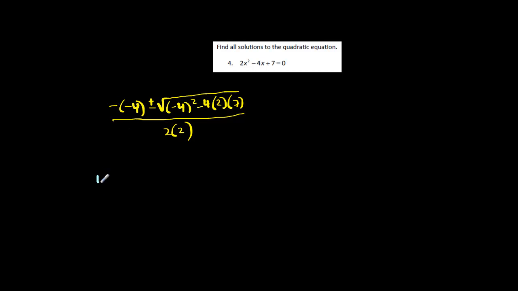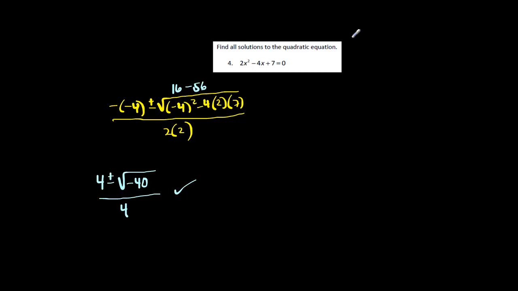The opposite of negative 4 is 4. Negative 4 squared is 16. A negative times a positive is a negative. 4 times 2 is 8. 8 times 7 is 56. 15 minus 56 is negative 40. 2 times 2 is 4. We can leave it like this for now.